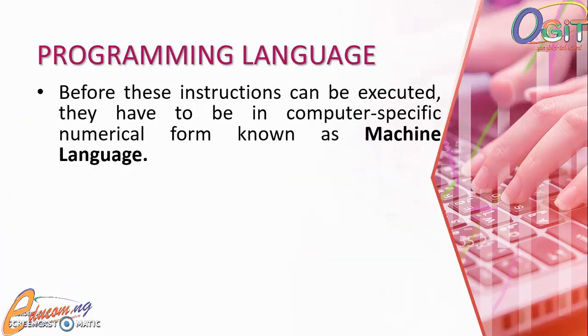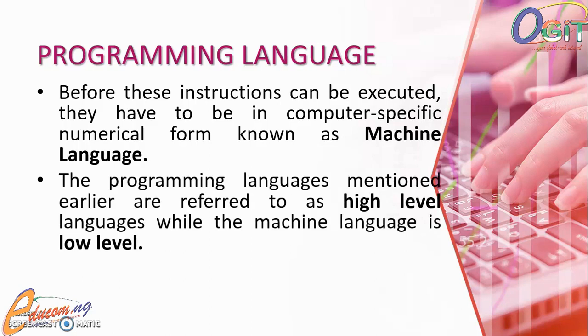Programming languages are like instructions, and before these instructions can be executed, they have to be in computer-specific numerical form known as machine language. That machine language is the one the computer specifically understands.